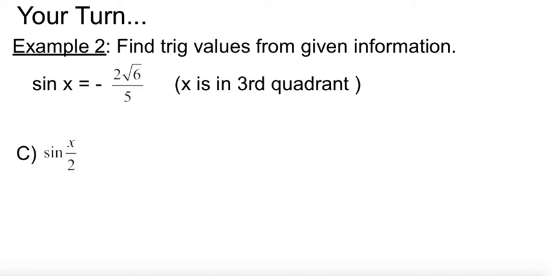Alright, and the other one I wanted to do is this one. So the half angle of sine, we're going to do plus or minus the square root of 1 minus the cosine of x.